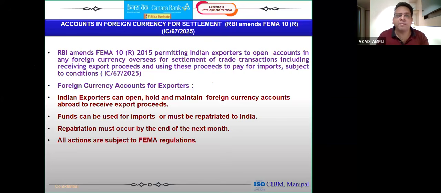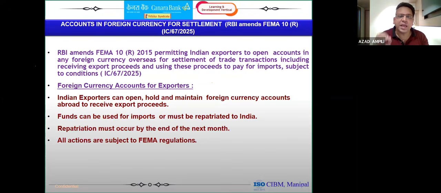We are coming from an environment where we opened all the gates in 1991. Now we have come to a day when RBI is permitting our exporters to open accounts abroad. Compliance issues might be there, but they want to give that flexibility to exporters. That's why they have given this.